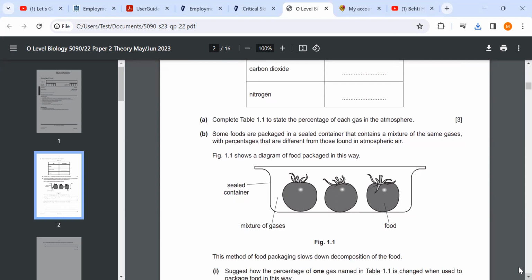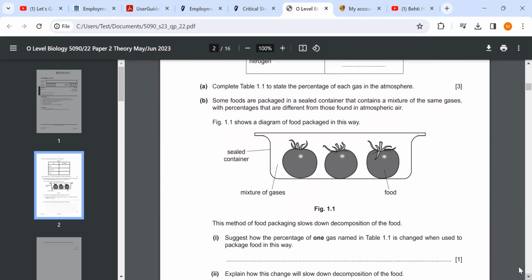In the second part, they say that packing has been done in a container which contains some food. Obviously the packing has been done in a process to reduce the decomposition of food. Which gas would we have to decrease or increase in concentration?